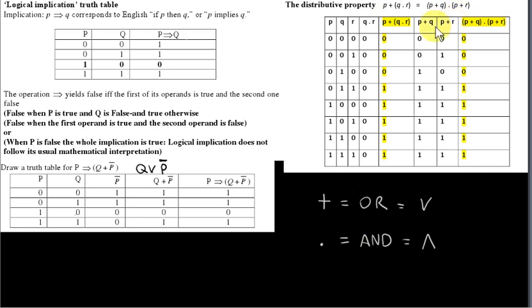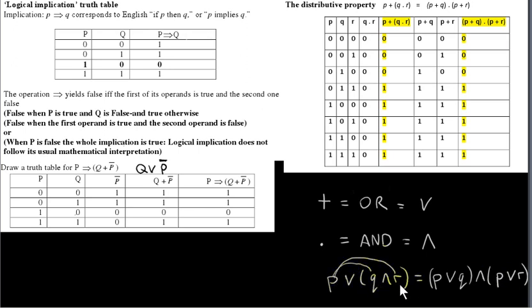So we could write the distributive property as P or Q and R equals P or Q and P or R. So we can take the P and distribute it through this set of brackets using this operator here, P or Q and P or R.